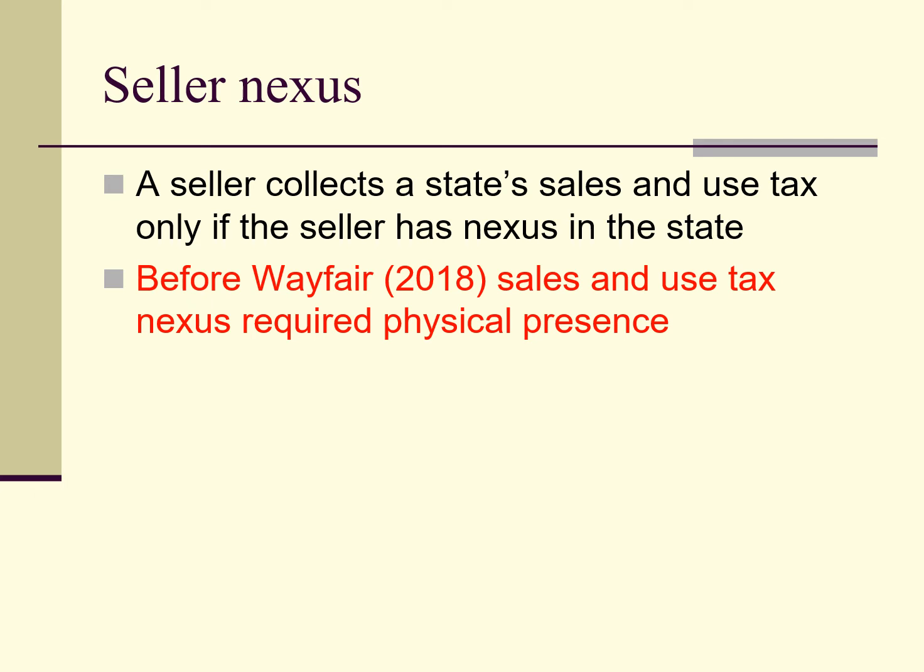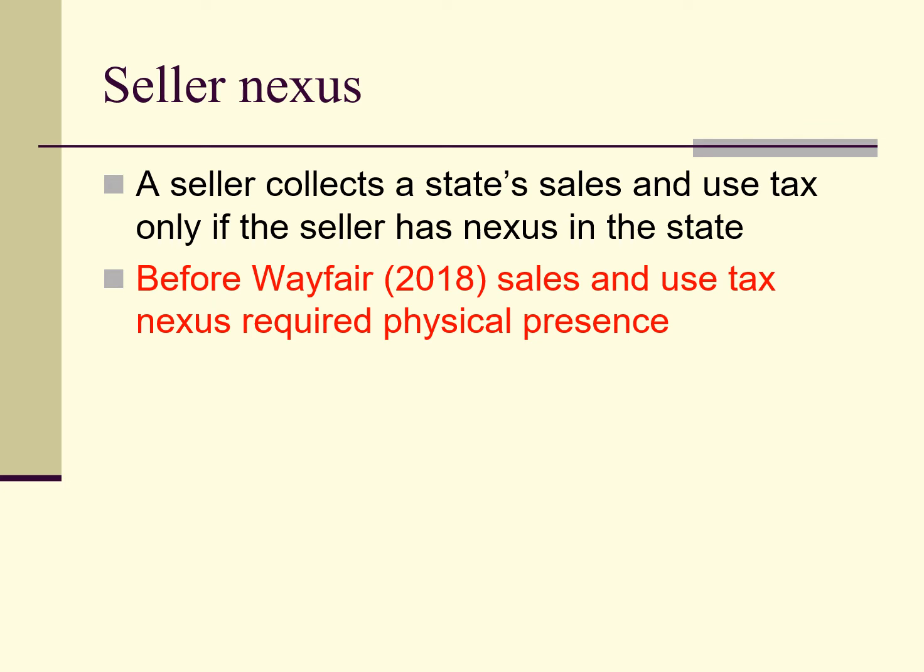Prior to Wayfair, nexus required physical presence in a state. An out-of-state seller had to have physical presence regardless of the level of sales in the state and regardless of any other factors that a state may determine are relevant for nexus.